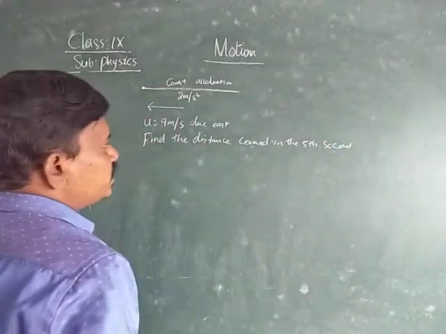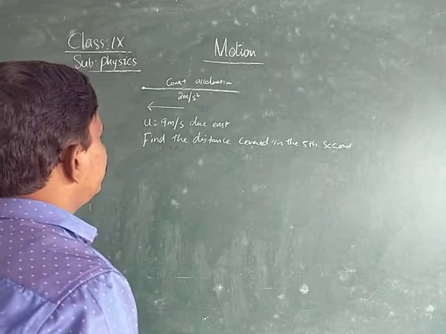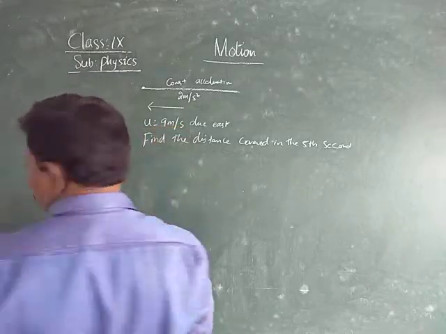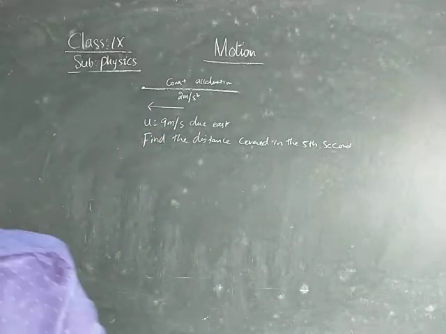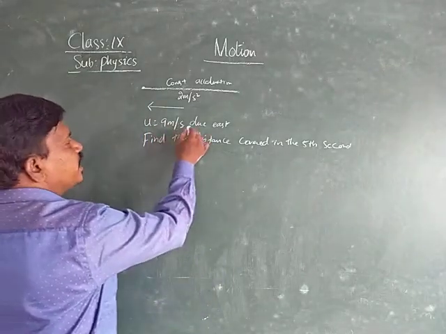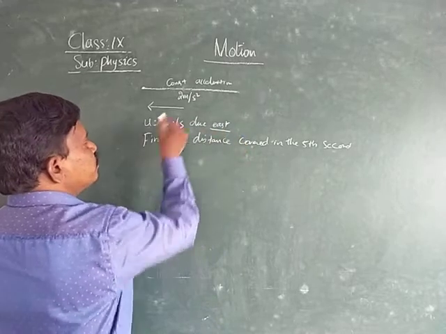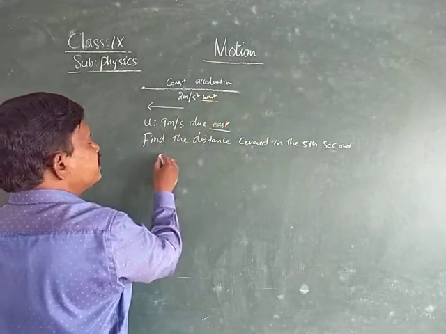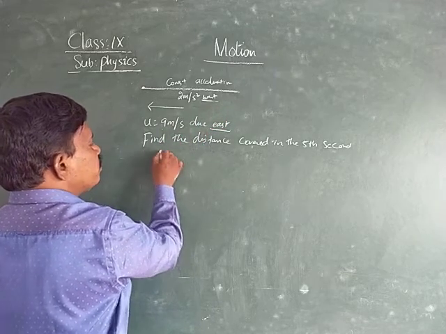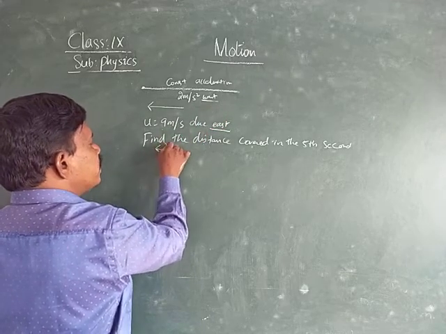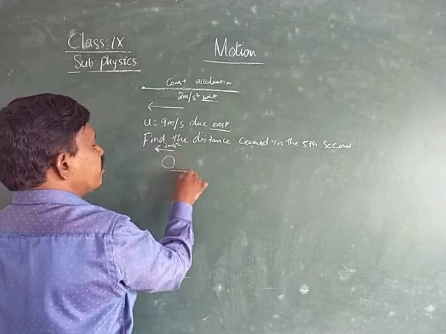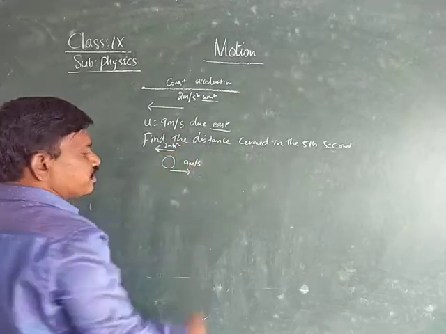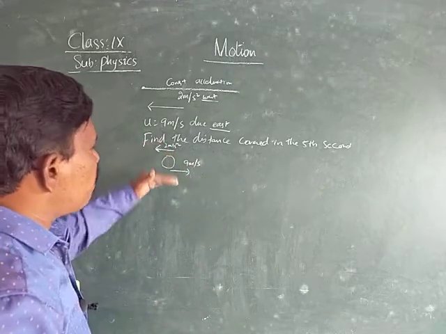First, he has given the initial velocity as 9 meters per second. It is towards east, but the acceleration is towards west. Therefore, acceleration is 2 meters per second square, whereas the velocity is 9 meters per second, in the opposite direction.